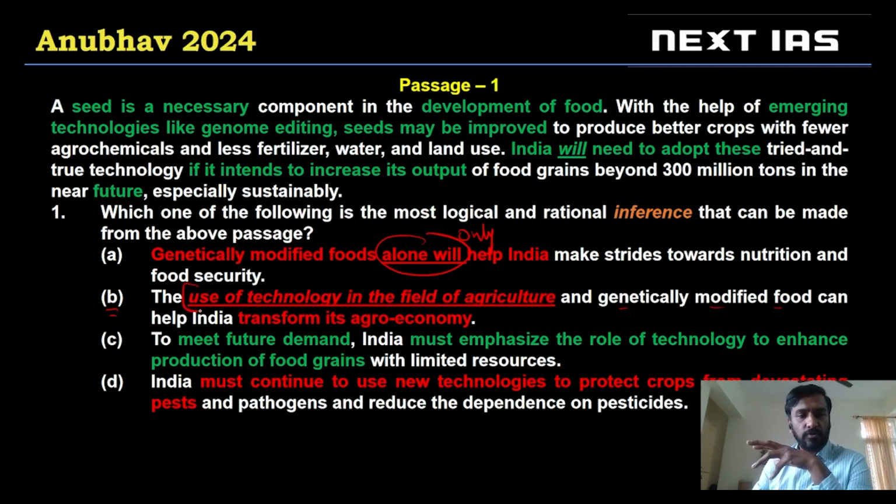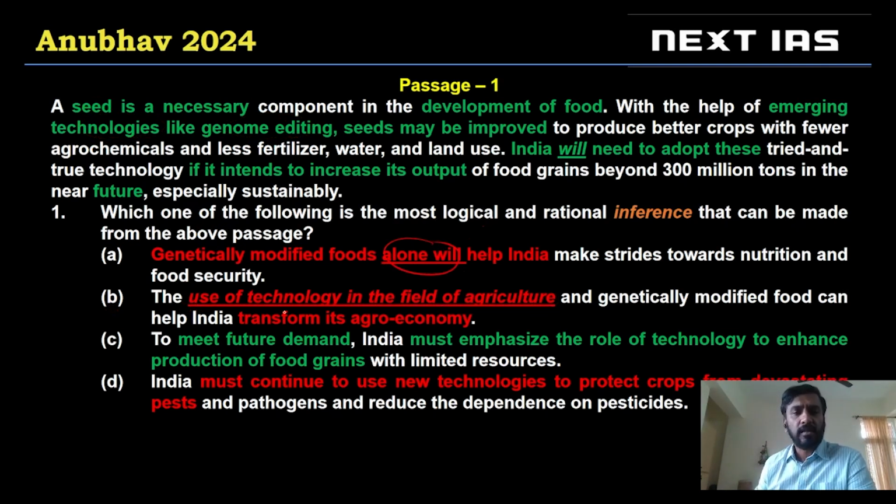Our problem is the use of technology in the field of agriculture. This is not exactly matching the information provided here, where technology is discussed from the point of view of seeds and genome editing, not agricultural technologies. Like, for example, not making better combine harvesters, but we're discussing genome editing, right?